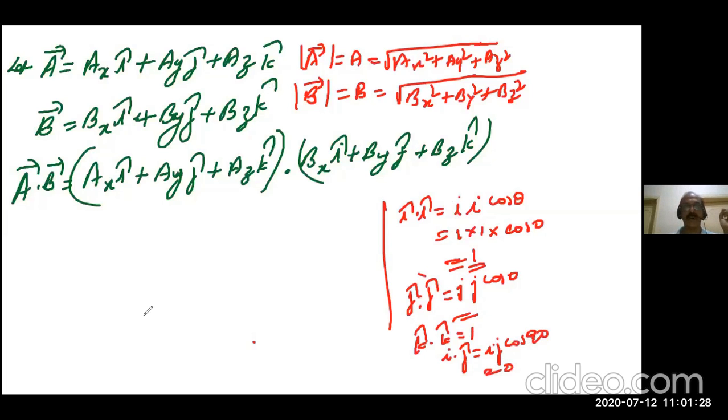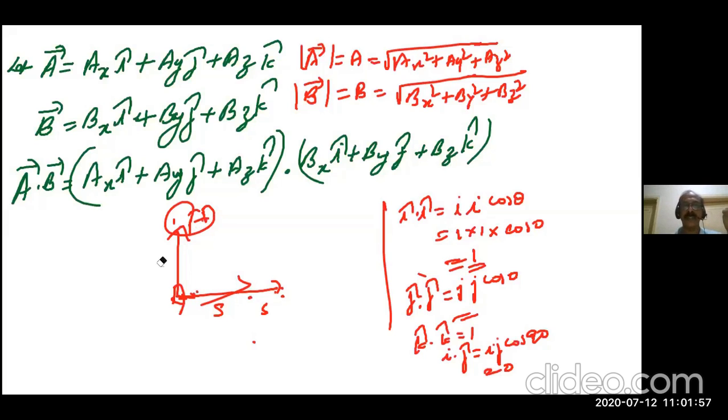That means an object exerting a force here and displacement here, this force is not making this displacement. The displacement is because of something else. Force acts this way, the object is going this way, so it has no component in this direction. That means this force is not responsible for this displacement, so the work done on this object by this force is 0. That's the meaning of it.